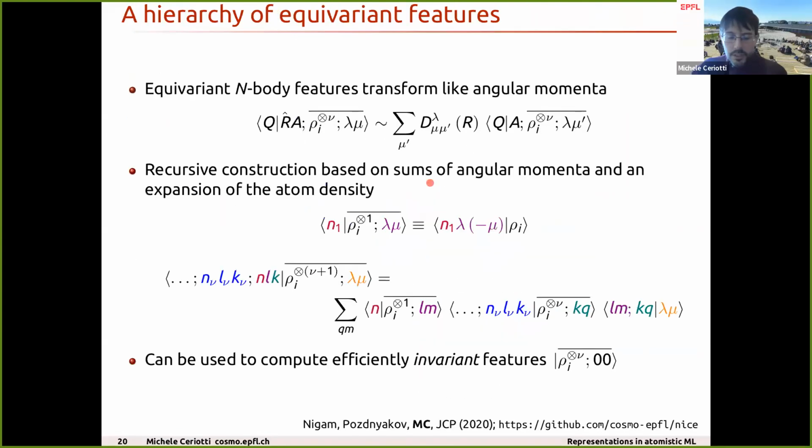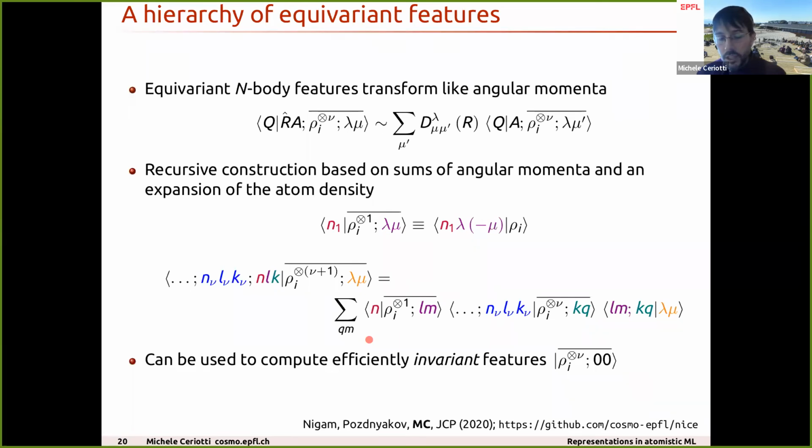That's an excellent question. So in practice, not all, but the vast majority of the implementations rely on expanding the neighbor density in spherical harmonics and then doing discrete, basically matrix multiplications to build the higher body order terms.